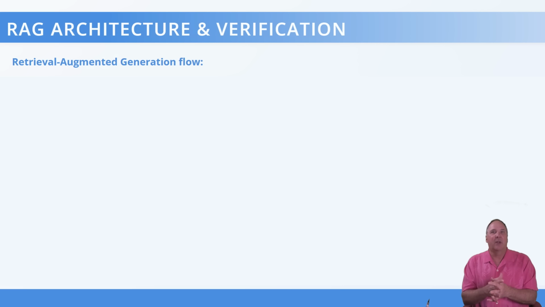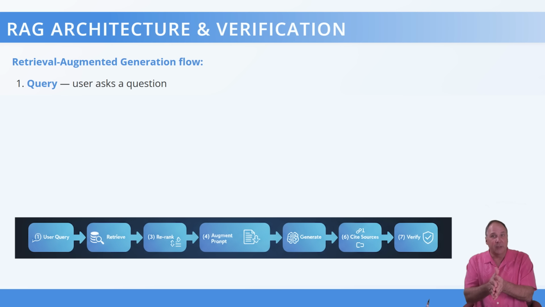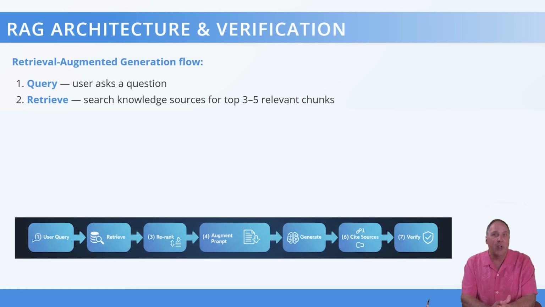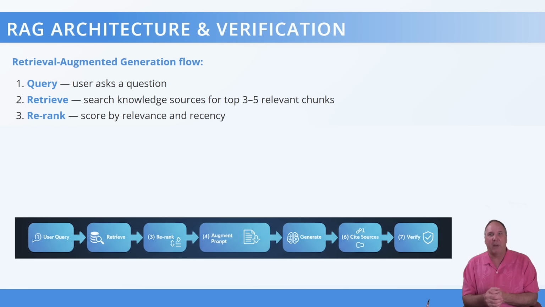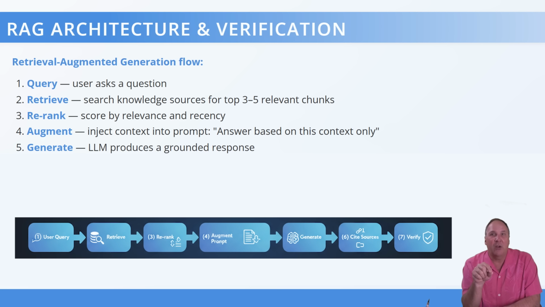Here's the full RAG architecture. The user asks a question. The retriever searches your knowledge sources for the top 3 to 5 relevant chunks. A re-ranker scores by relevance and recency. Now the system injects that context into the prompt. The model generates a grounded response as a result.